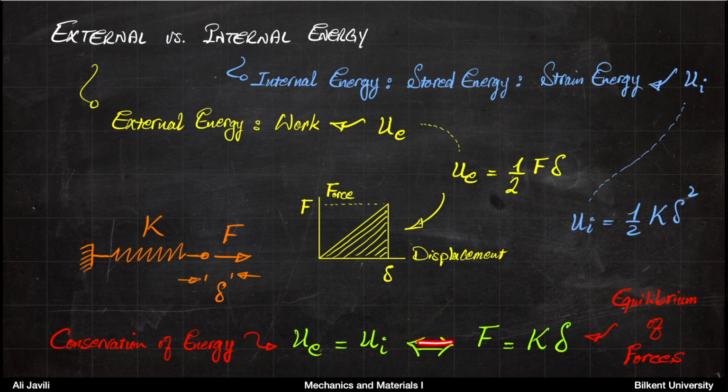So from that relation you can see that the energy U_E, or external energy, equals U_I. So the conservation of energy holds. But also alternatively, if you assume that you have the conservation of energy already, from that you can conclude that the forces are in equilibrium.